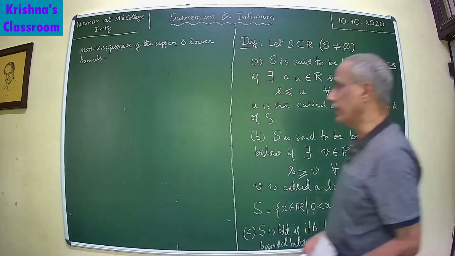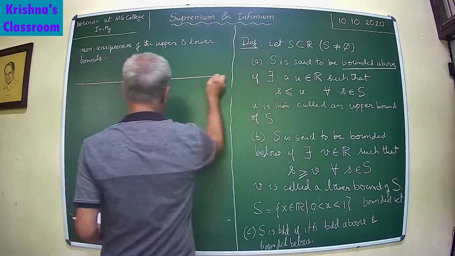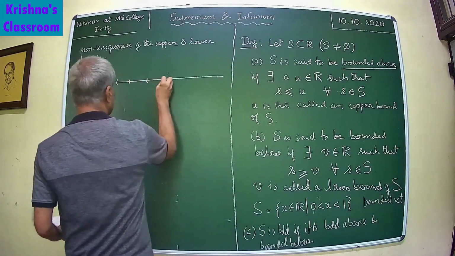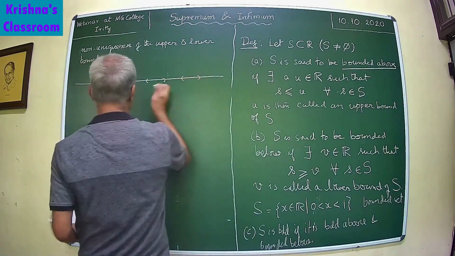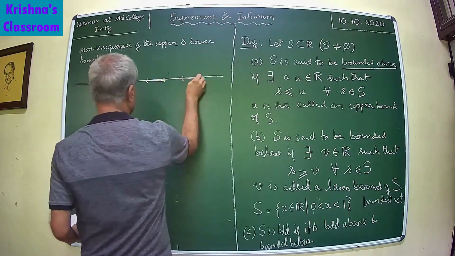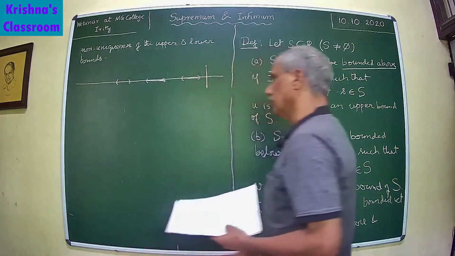Now we are in a position to get the best possible bound. Suppose this is your set. Now you see that anything over here is an upper bound.